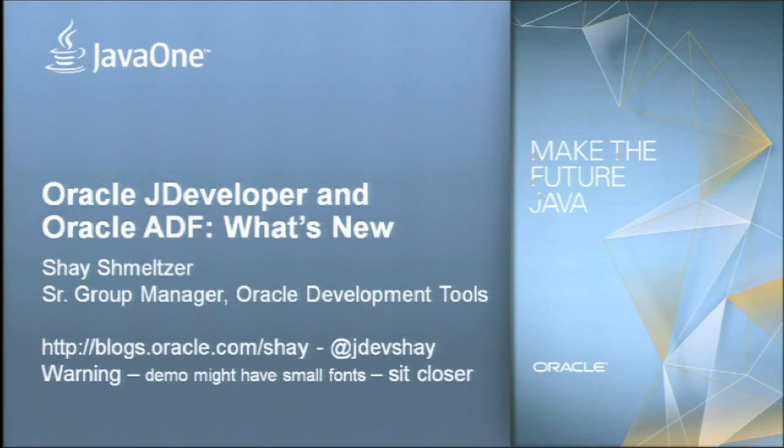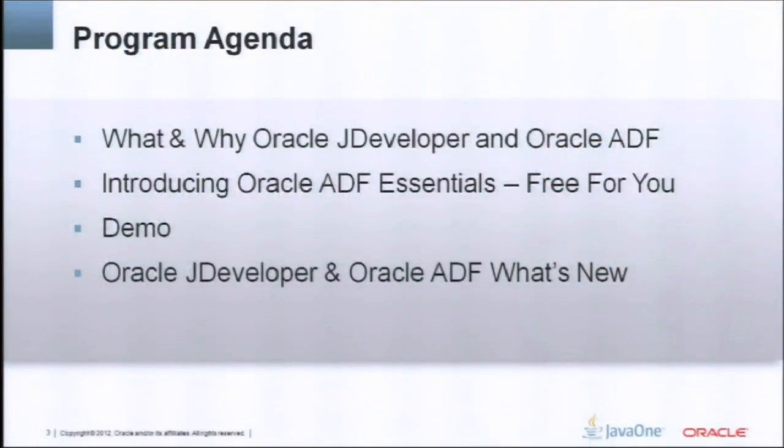Basically, what we're trying to do with this session is educate people who don't use JDeveloper about what's new in JDeveloper. I'll cover some of the new stuff that is relatively new or upcoming a little bit later on. First, I'll explain why we actually have JDeveloper and ADF.